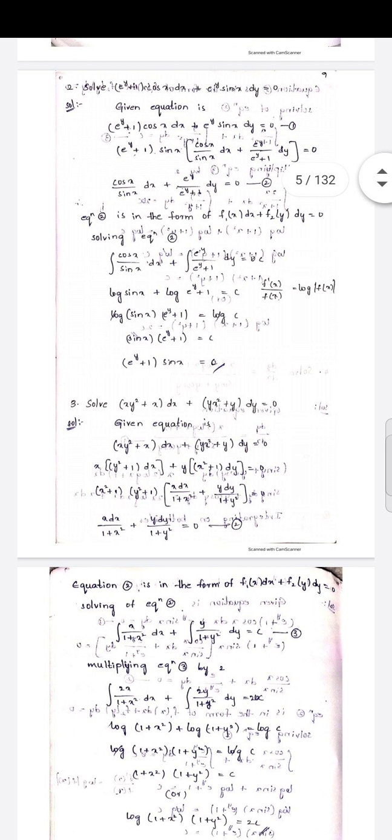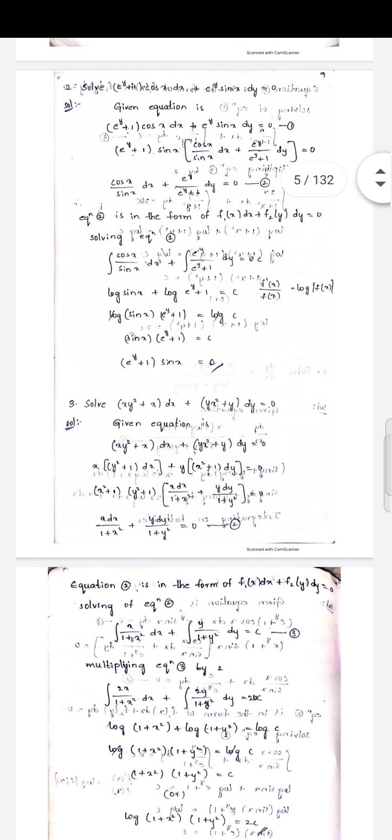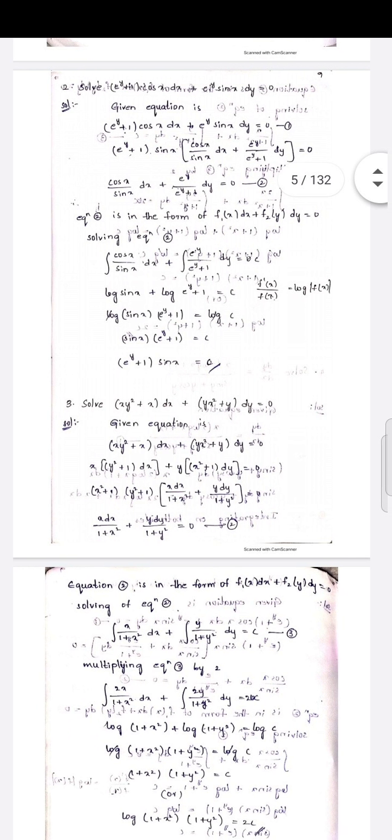This is equation 2, and it is of the form f1(x) dx + f2(y) dy = 0.